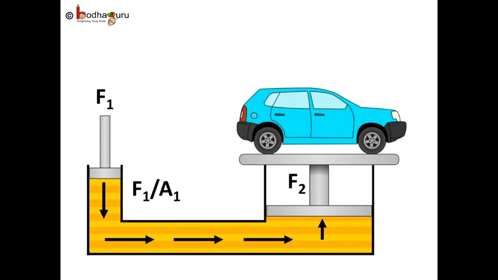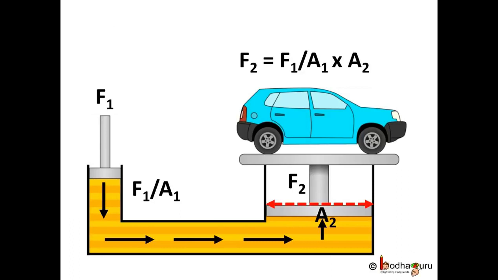Now, here in the larger piston, the pressure would be F1 by A1. So, the total force working on the larger piston would be F2, and force as we know is pressure multiplied by total area. Here, pressure is equal to F1 divided by A1 and area is equal to A2.